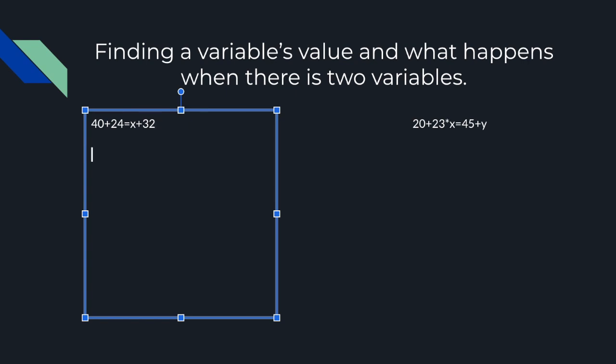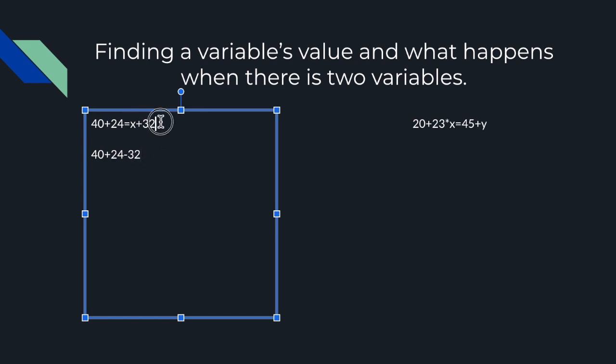So now you want to bring the variable to one side and everything else on the other side. You can flip any number if you switch its sign. So now we can go 40 plus 24 minus 32.